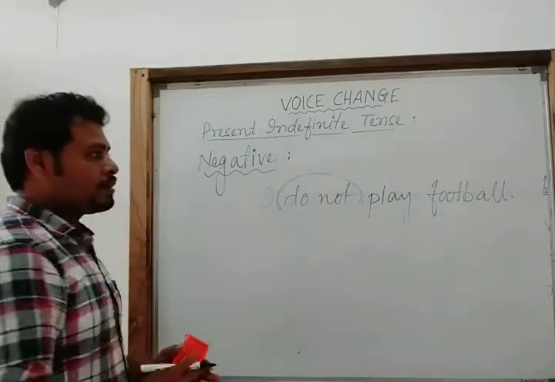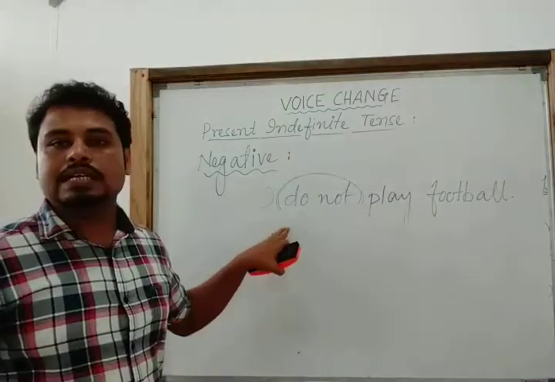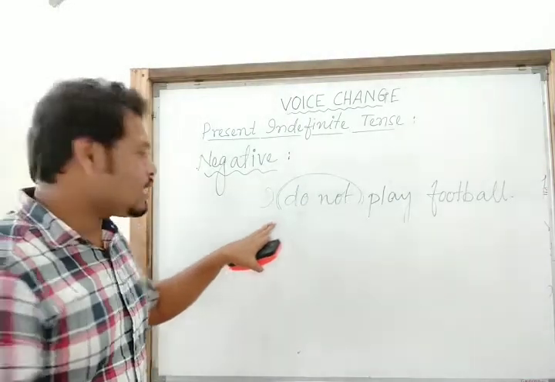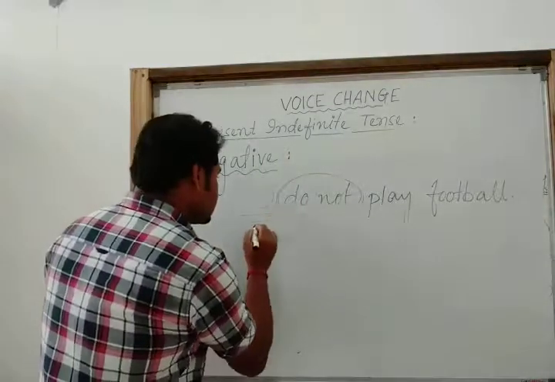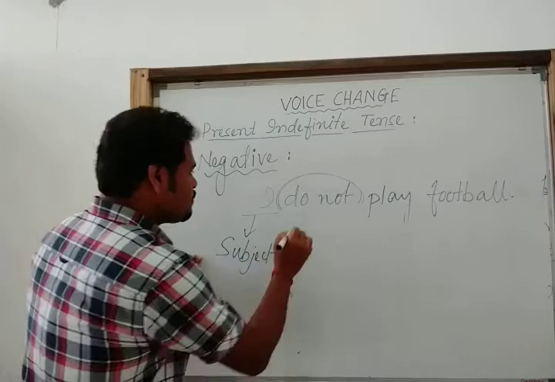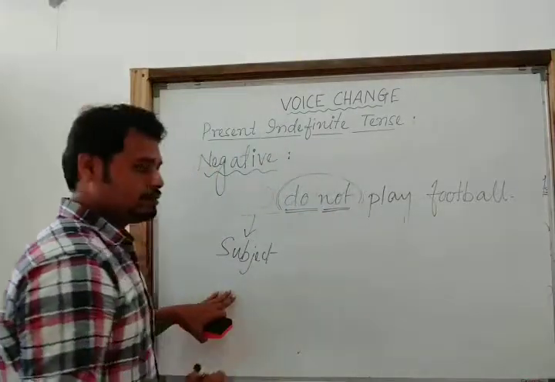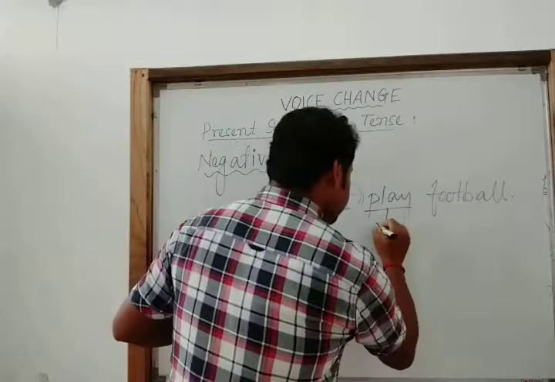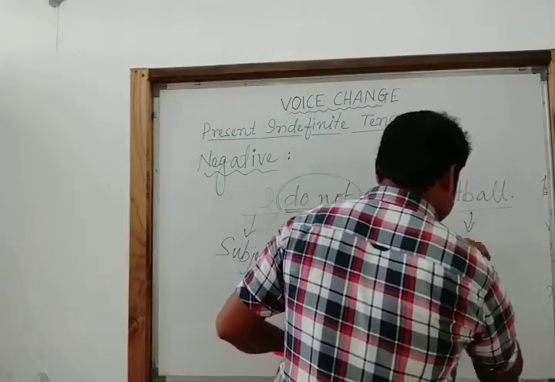Before that, we need to know what is the structure of this sentence. If I try to sort out the structure, this one is subject, then we have a do, then we have a not, then we have verb, then we have object.